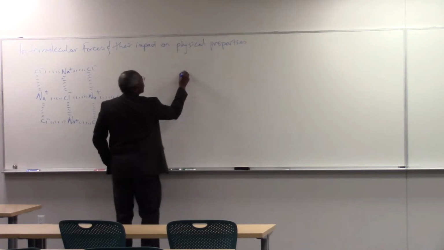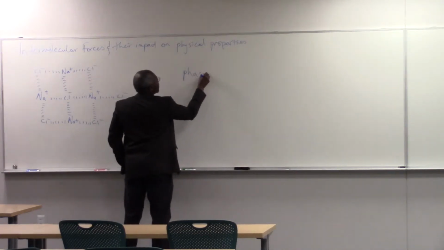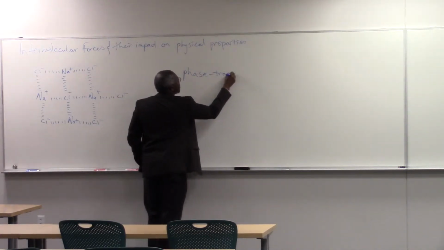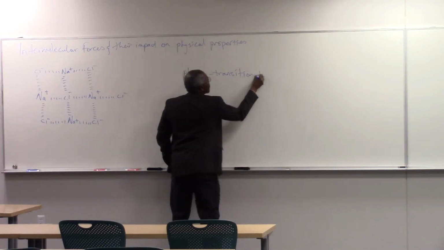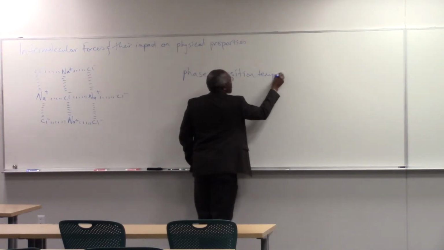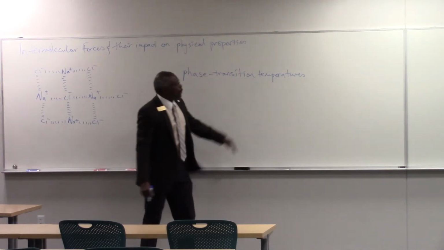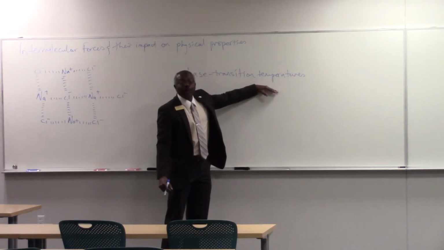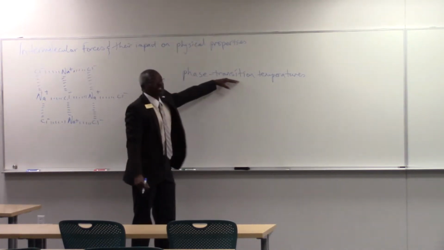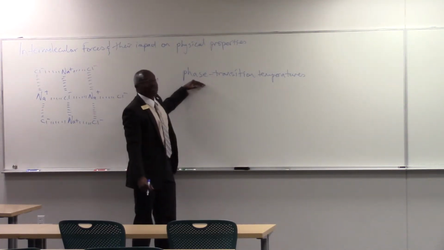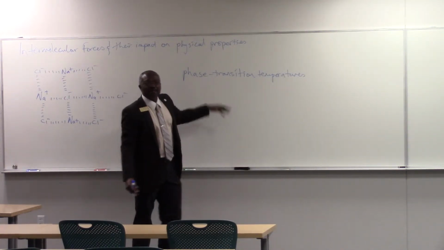We're going to look at what we call collectively the phase transition temperatures. So what are those? Those are the temperatures at which the sample transitions from one phase to the next. What does that mean?